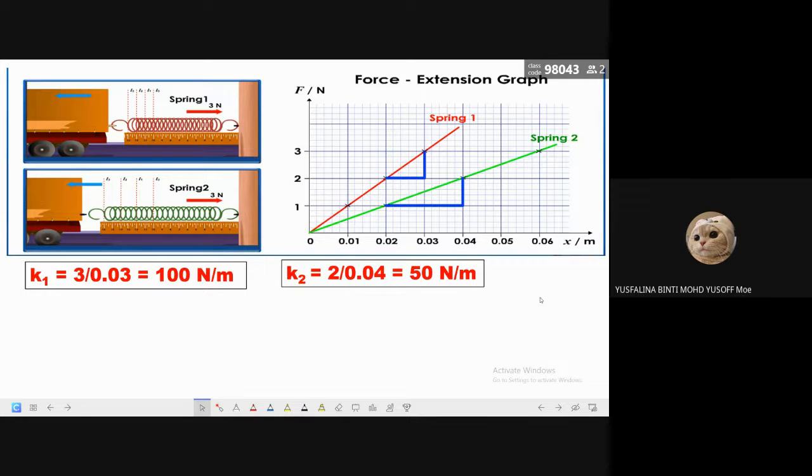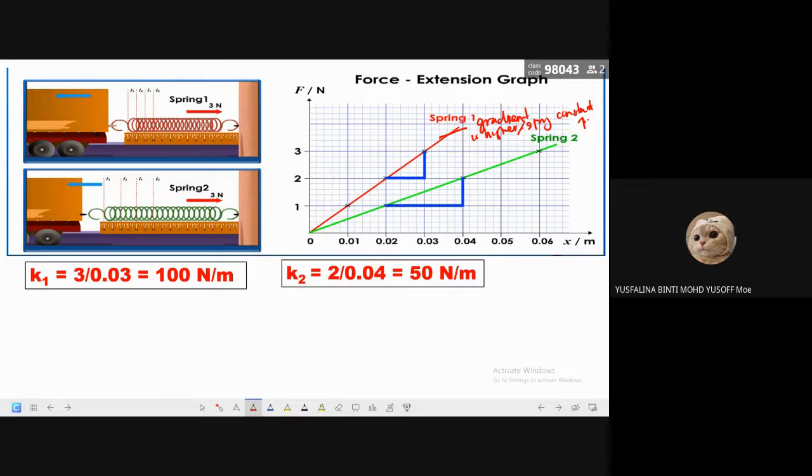So for spring 1, the gradient is higher compared to spring 2, so the spring constant is also higher, so spring 1 is stiffer than spring 2. We need more force to stretch spring 1.